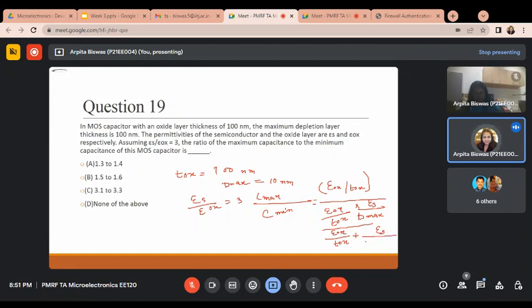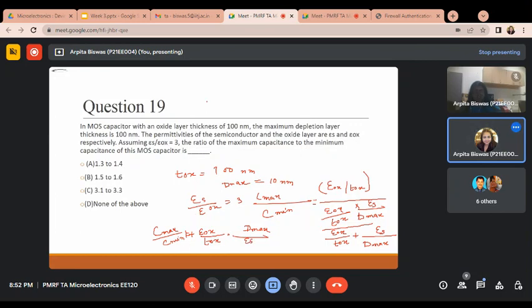You can also check the formula. Okay, and just put the value. Cmax by Cmin is equal to 1 plus EOX by TOX into Dmax by ES.